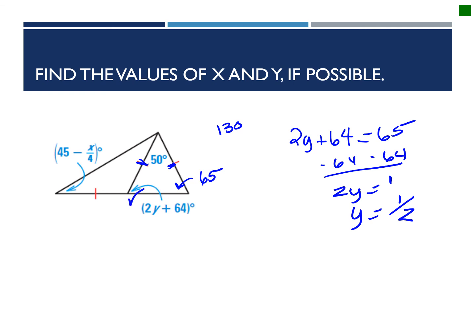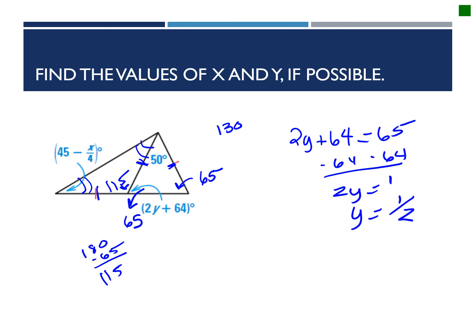Okay. If this angle is 65, that means that this angle right here is going to be 180, because it lies on a line, minus 65, or 115. Okay. To find x, we know again that this angle and this angle are congruent, but not to the other two, just to themselves.